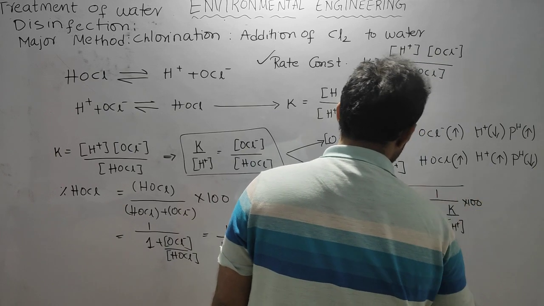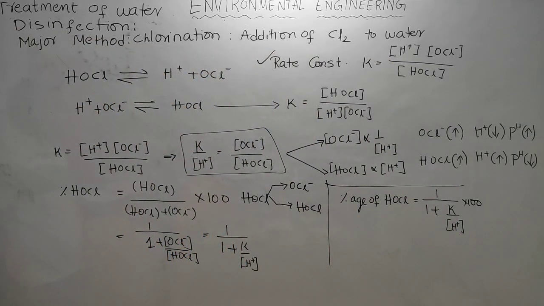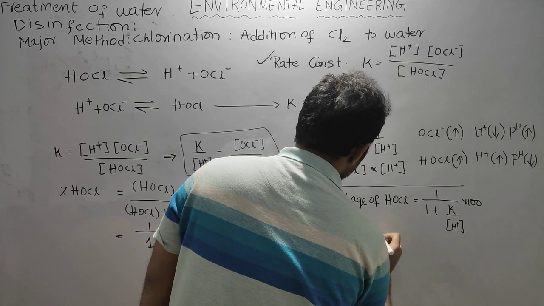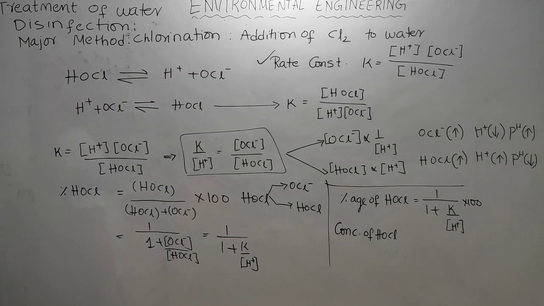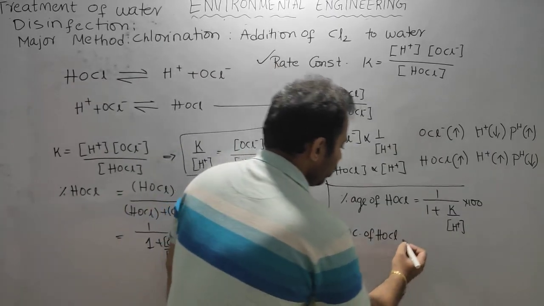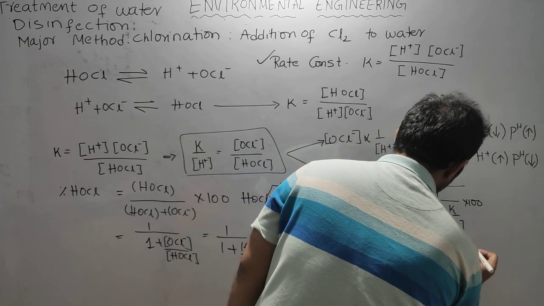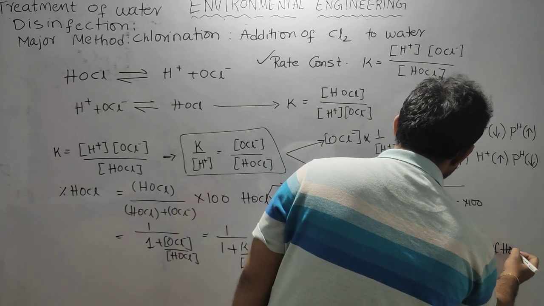So if you know the pH of the water, we can easily say how much percentage of HOCl is present in that water. So this is percentage. If I want the concentration of HOCl for a particular dosage of chlorine, it is the Cl2 dosage you are taking multiplied with the percentage of HOCl.